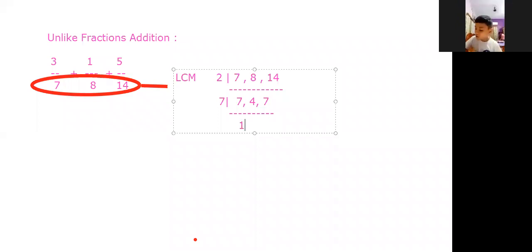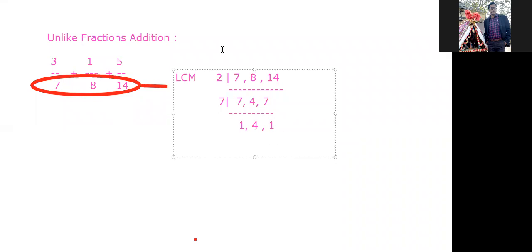So here we go. 4 cannot be divided by 7, but the other two can be divided, and the results will come as 1 and then 4 and then 1. Now, what is the result we got? These results we have to multiply.